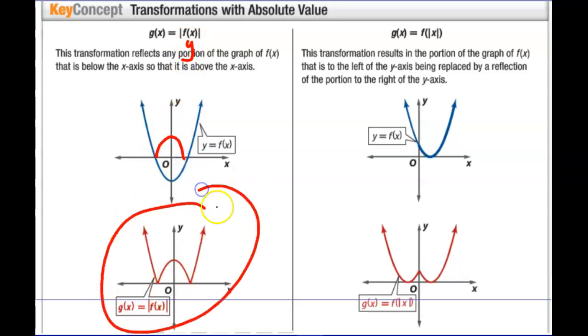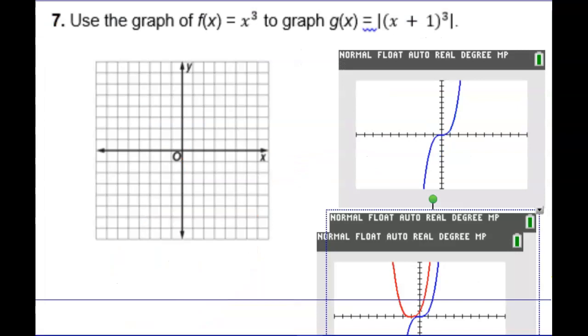So it would look like this. If you put it on the inside of f of x, it takes all the x's and makes them positive. It's really funky because it makes the negative side do exactly the same thing as the positive ones were doing. Pretty weird, huh? We used to make some really cool drawings with that idea. All right, I just wanted to show you this one.